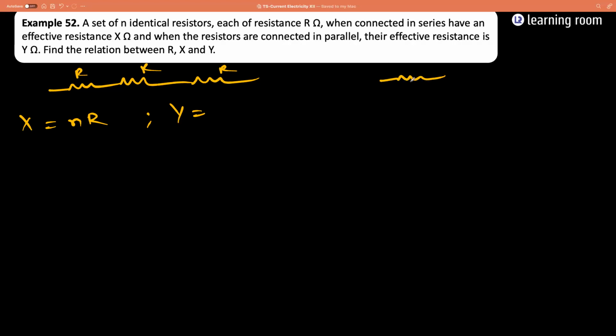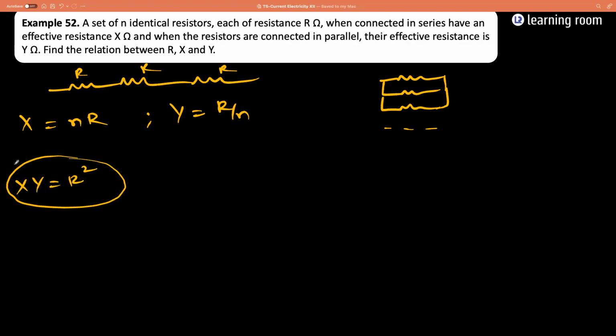When identical resistors are connected in parallel, it will be R by N. Find the relation between X, Y, and R. So I don't need N. X into Y will be equal to R square. This is the required answer. Clear? It's a simple problem.